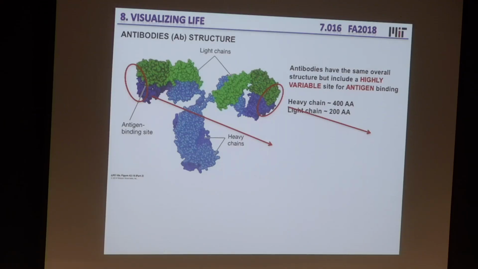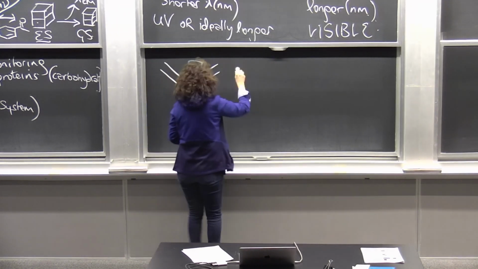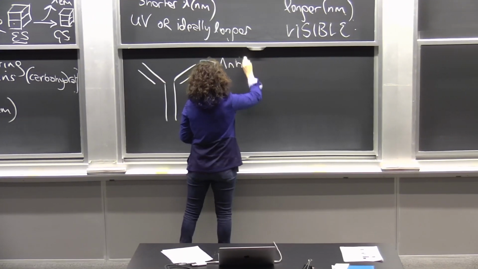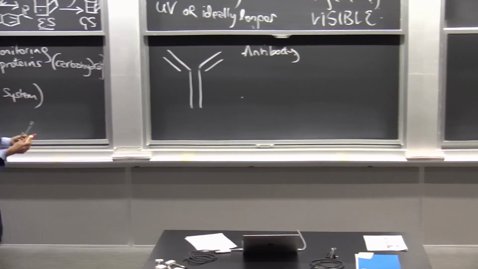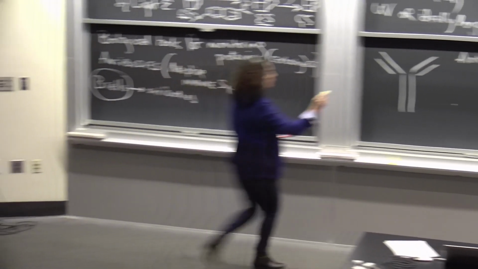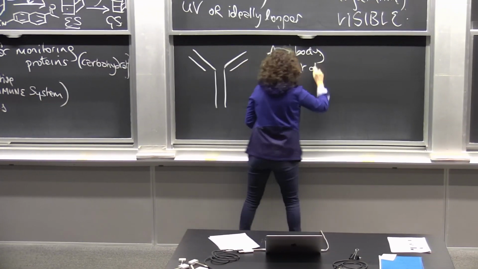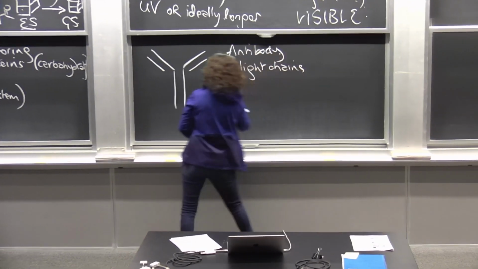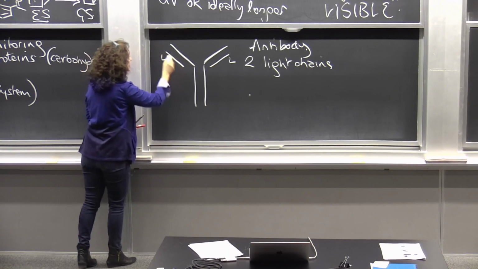Now, B cells adopt a very classical shape, and I'm just going to show you the quaternary structure of an antibody in linear form here, so it doesn't look very exciting right now. There are two light chains, which I've just shown in schematic form.